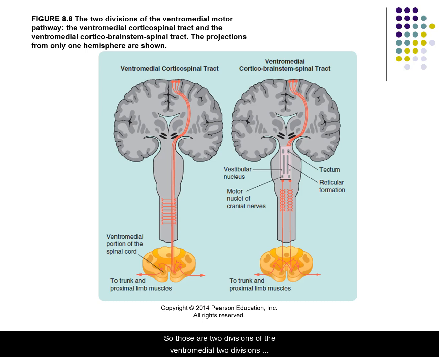So those are your two divisions of the ventromedial, two divisions of the dorsolateral, two of the dorso and two of the ventral.